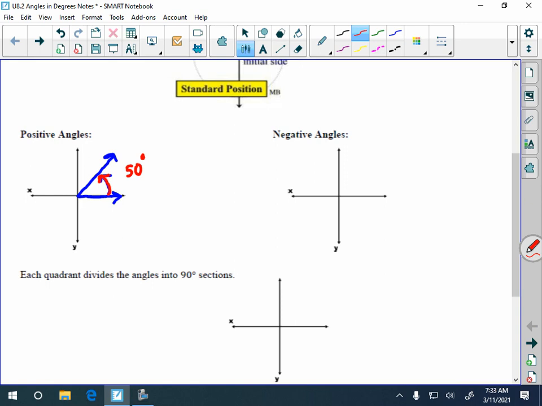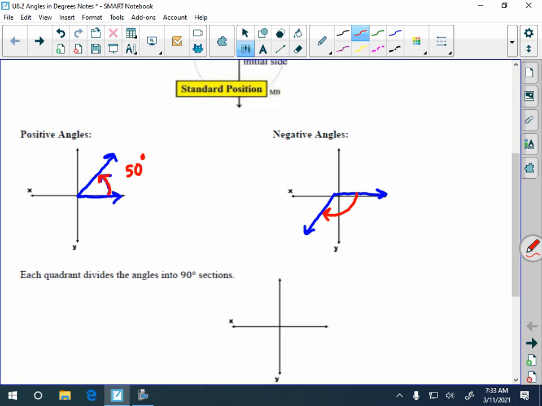All right. Now negative angles are just going to go in the opposite direction. So again, we'll start on the initial side, and now we're going to take and rotate. Let's say we'll put the terminal side over here. And then we're going to rotate it in this direction, right?